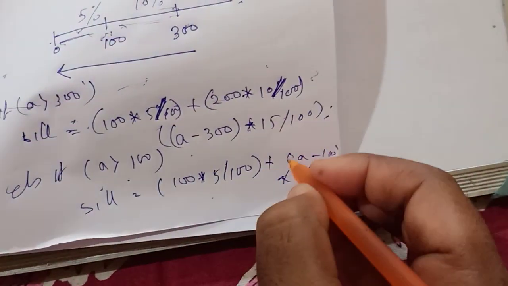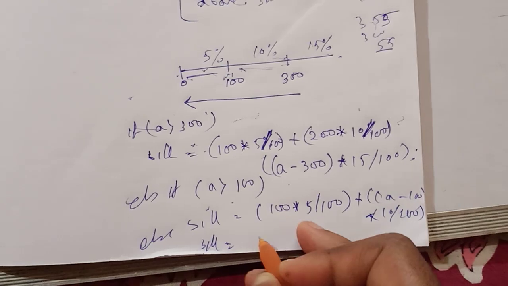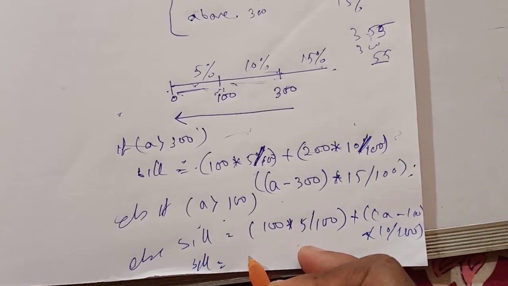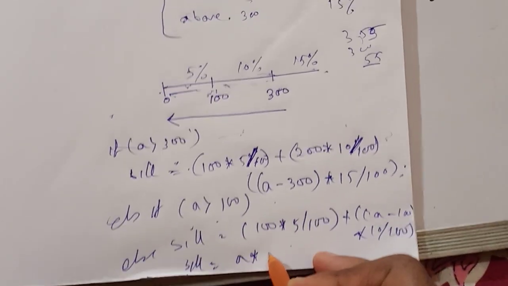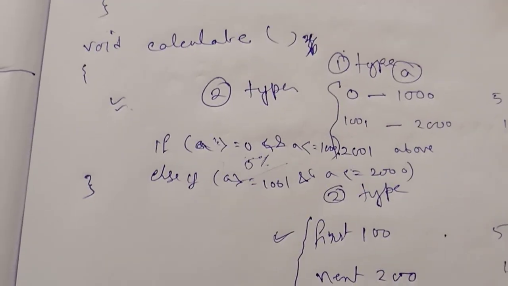This is the calculation. And in the else portion, bill is equal to a into 5 by 100. This is the calculation we will do inside this calculation method, okay.